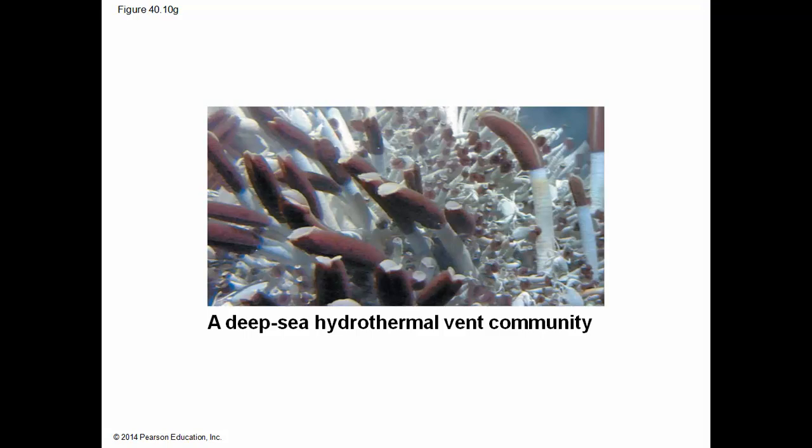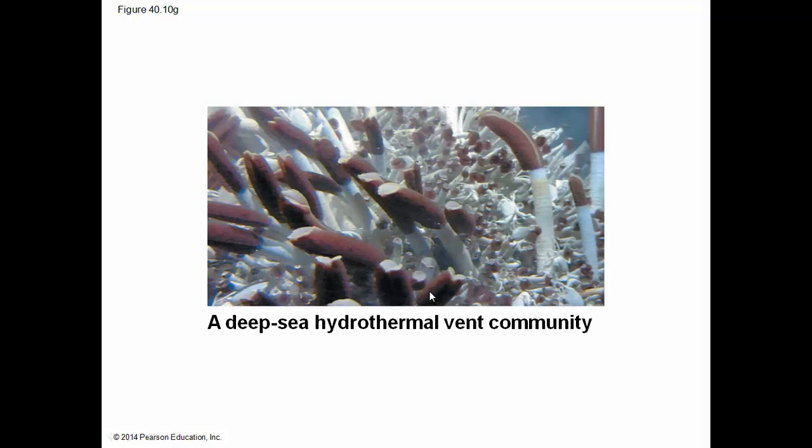So in these hydrothermal vents, these are areas where there's no sunlight, and there's these tube worms, and you can see all these crabs that live around these tube worms. They're picking off little things, any sort of detritus that might float by in the water and get stuck on these tube worms.